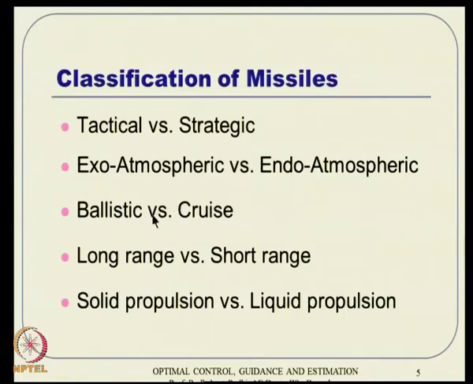There are various pros and cons obviously. With ballistic missiles you can cover large distances with less energy, whereas cruise missiles have a good amount of stealthiness. Because of the earth's curvature, unless the vehicle is very close to the target, the enemy cannot detect it. That is the advantage of cruise missiles.